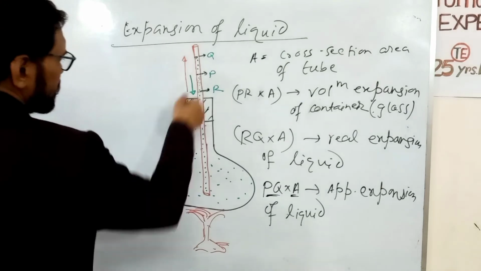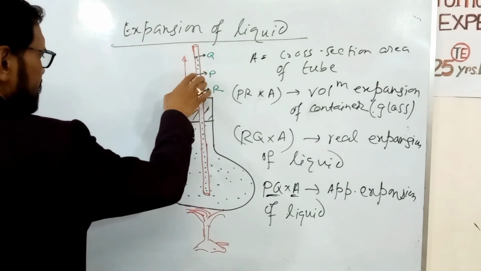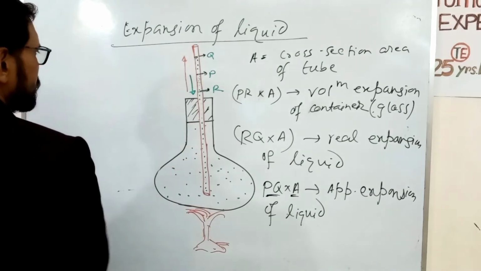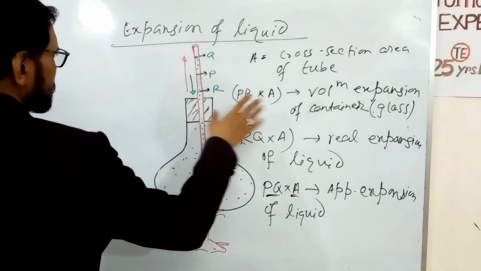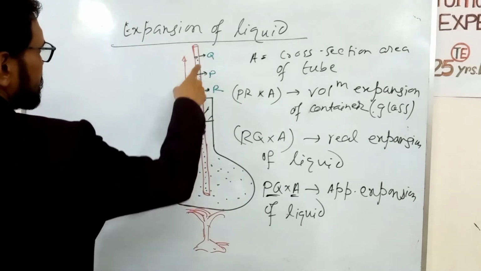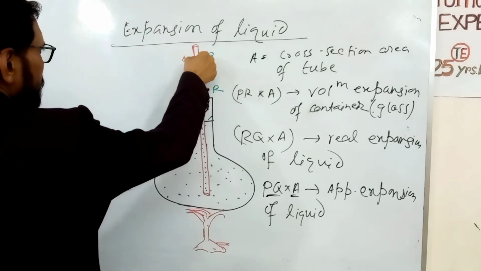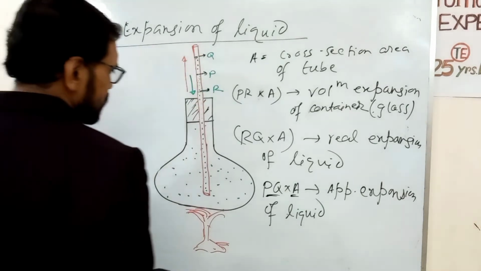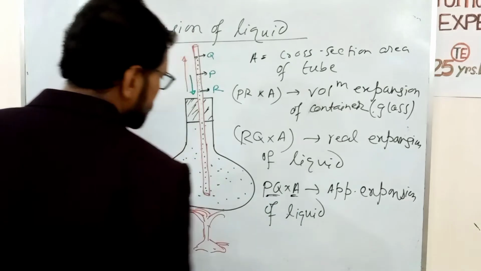Suppose somebody watches the initial level at P and is not present while the heating process is going on, and after some time he reaches here and sees that the liquid level has risen up to the point Q. So PQ into A is the apparent expansion of the liquid.